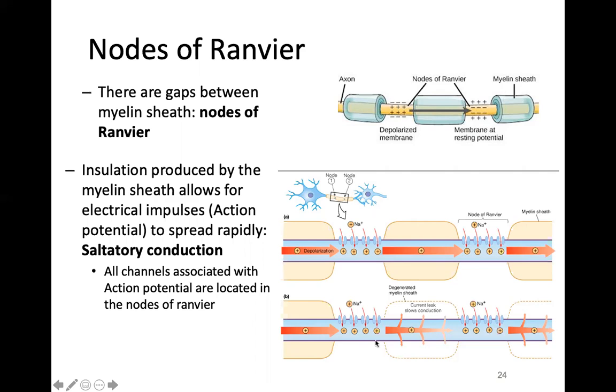Notice in the bottom picture, if you are lacking myelin sheath on your axon, a lot of that positive charge that was driven in has moved out, or leaked out, and therefore the action potential will not remain strong. So that's the main difference of having that myelin sheath surrounding your axon: it gives you a speedy passage of signaling from the beginning of the axon to the axon terminal.